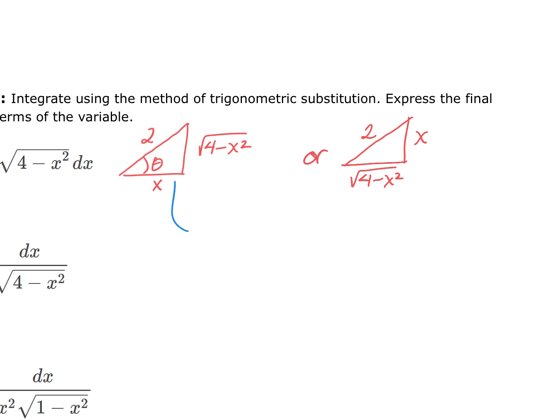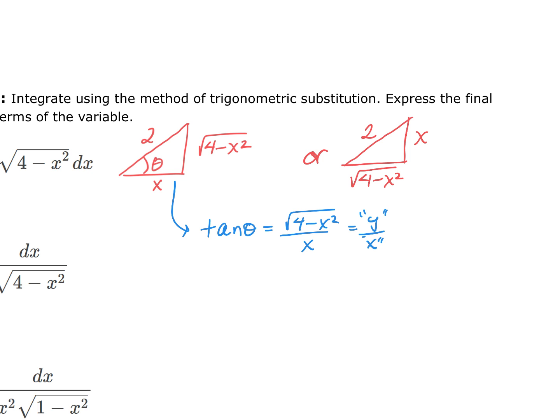So if I choose this one, I'm going to start setting up my trig ratios. I know that the tangent of my theta is defined as the square root of 4 minus x squared over x, because this is my quote y over my quote x.